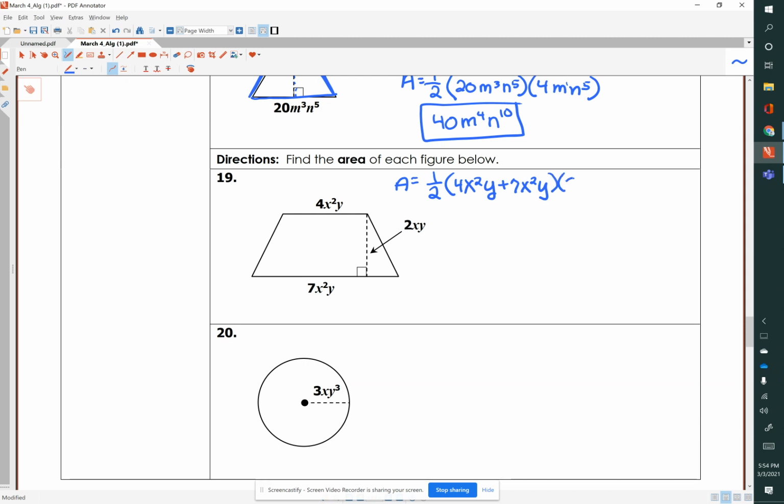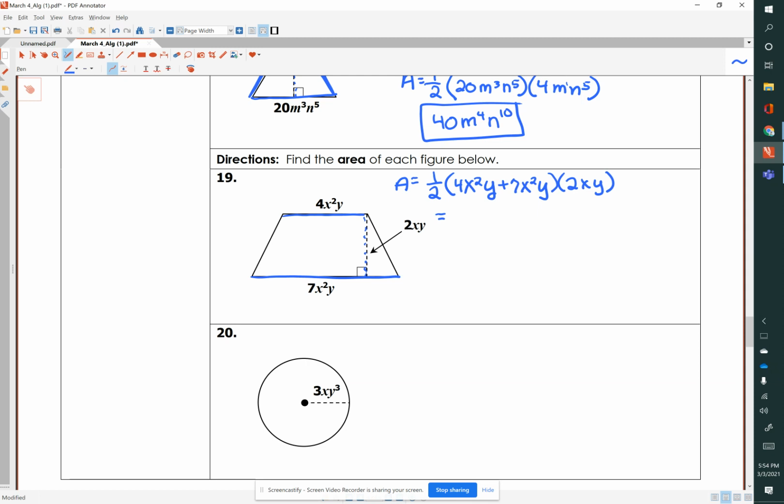Multiply that by 2xy. Because to get this trapezoid, to find the area, we want to do 1/2 the short side plus the long side multiplied by this altitude here. So that's the formula that we're working with. There's a couple other ways you could have done this problem, but that's the way I do it.